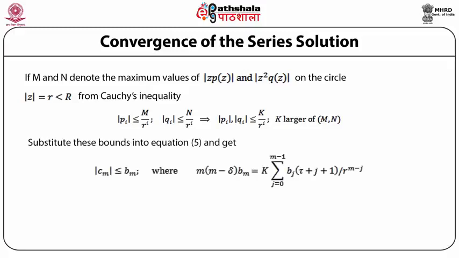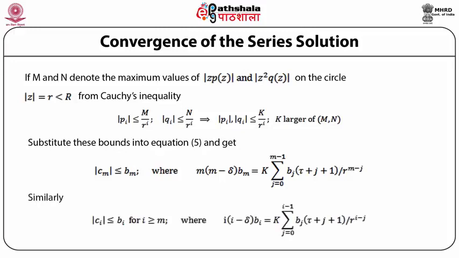Substituting these bounds into equation 5, we get |Cm| ≤ Bm, where m(m − δ)Bm = K Σ_{j=0}^{m−1} Bj (γ + j + 1)/r^{m−j}.